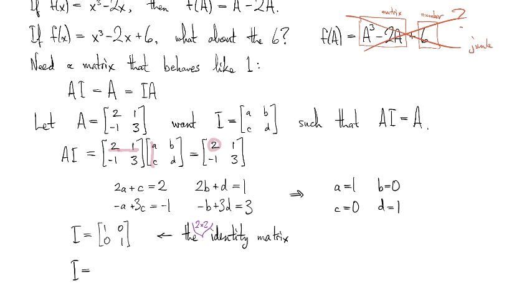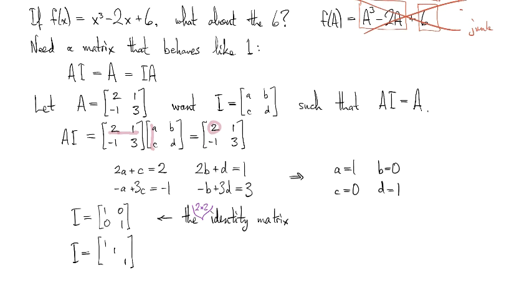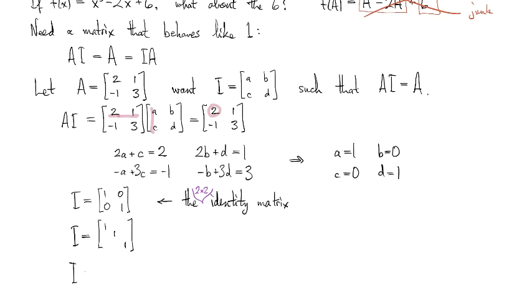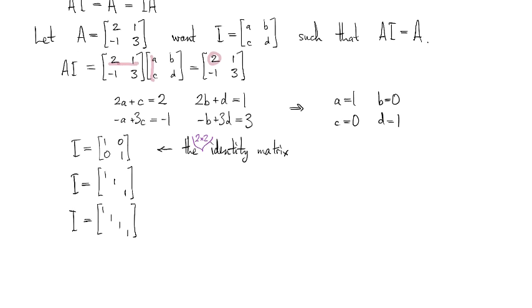So there's the 3 by 3 identity matrix and the 4 by 4 identity matrix, and so on and so forth. You have an identity matrix for whatever size collection of matrices or vectors you're working with.